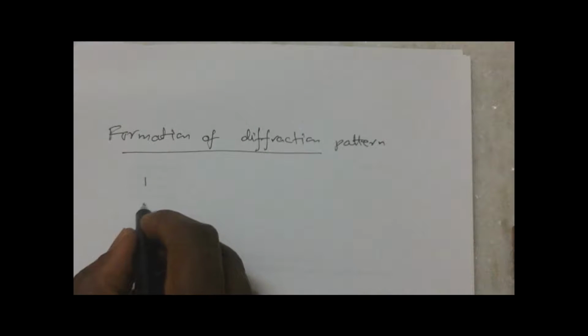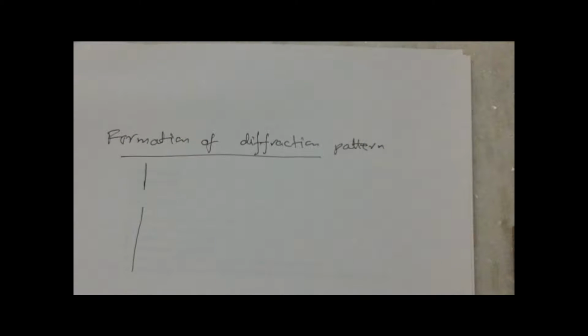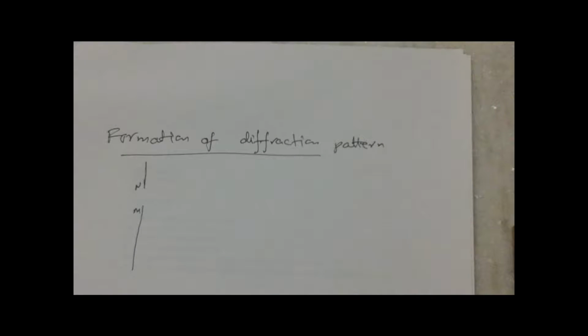First we are taking a small slit over here, a small slit or edge. N is a small slit.